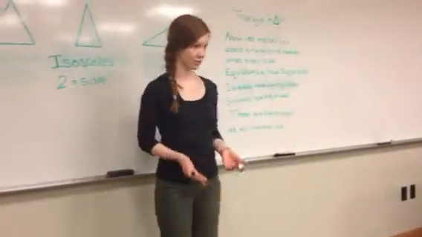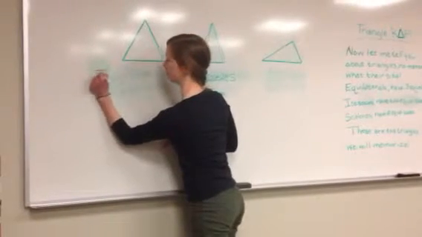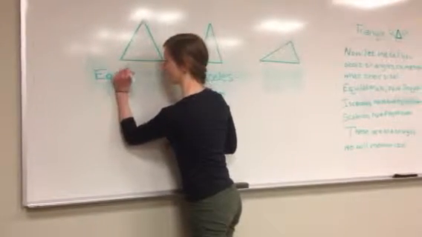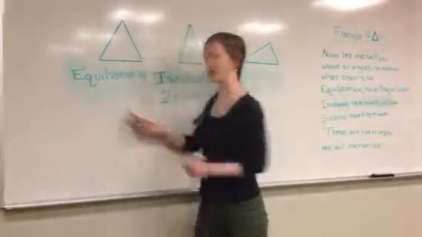Yes, Jason? But what if it has three equal sides? Does that make it another type of isosceles triangle? Actually, that makes it an equilateral triangle, which is this one right here. Now can we repeat that on three? 1, 2, 3.